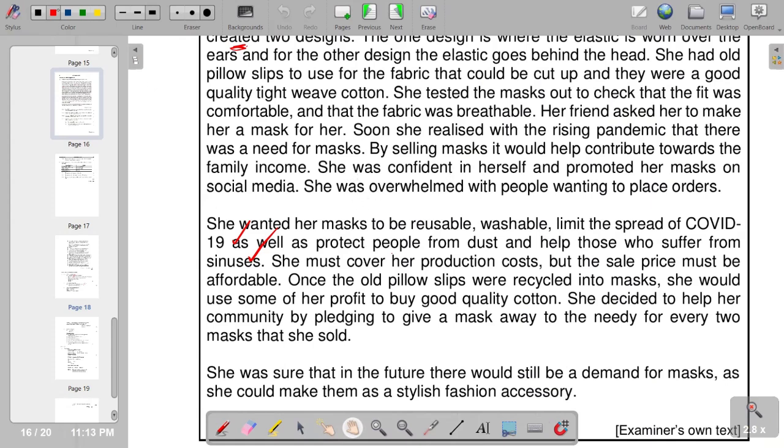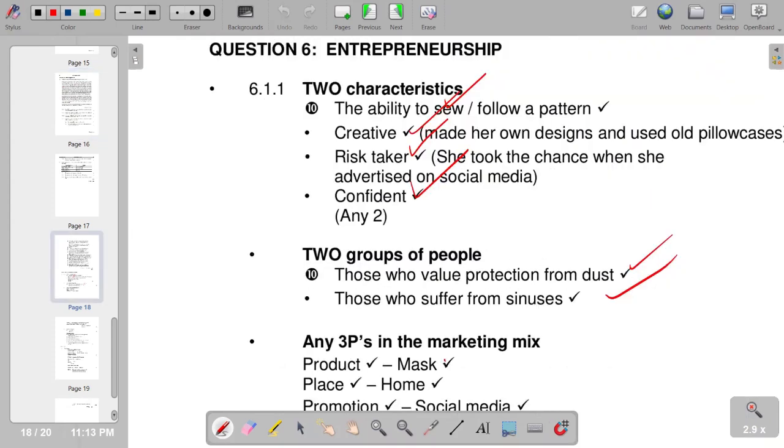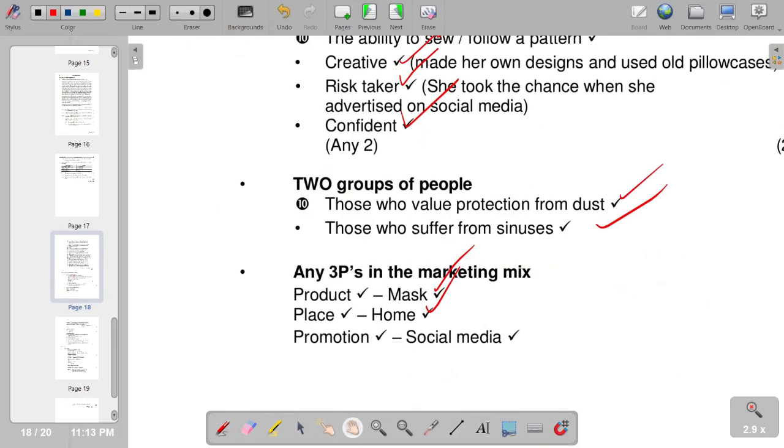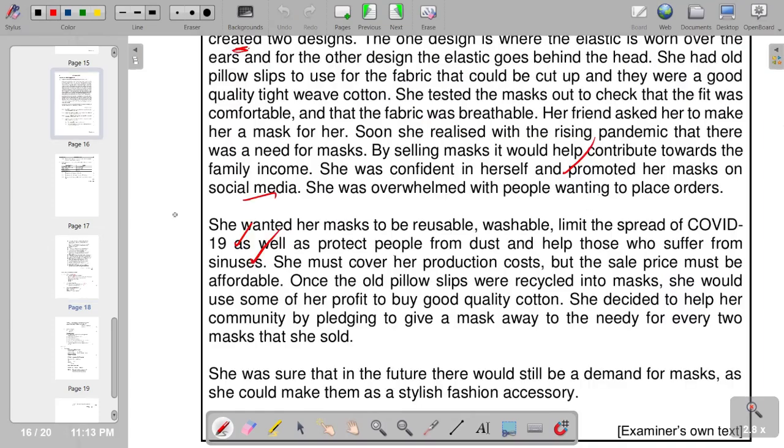In this sentence, it reads, and promoted a mask on social media. So the promotion is social media. So this is exactly as we have with the product, which is the mask, then place, home, and also promotion, which is social media. Then we move on to the next part of our question.